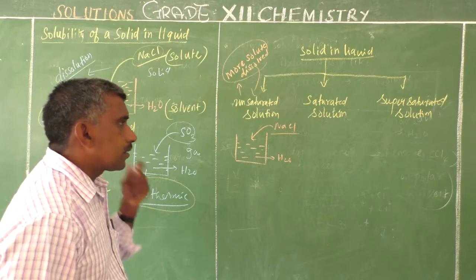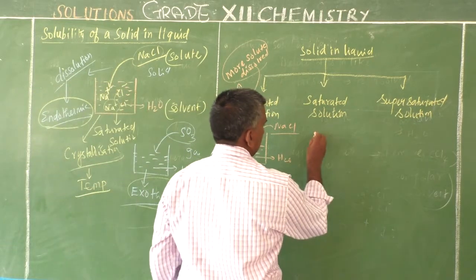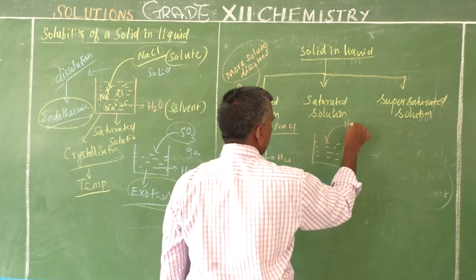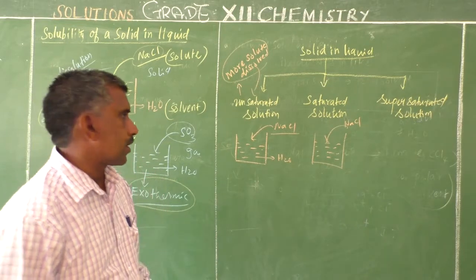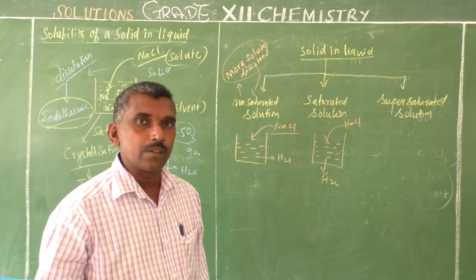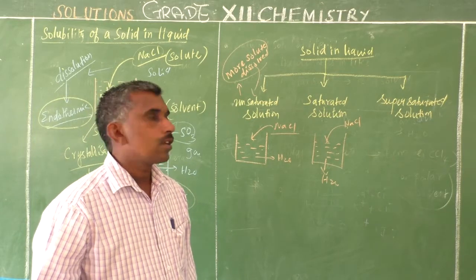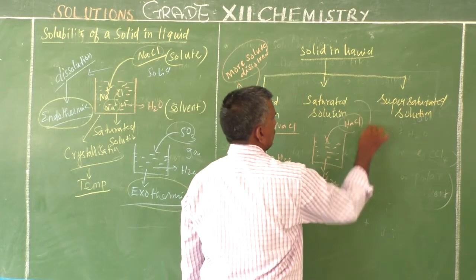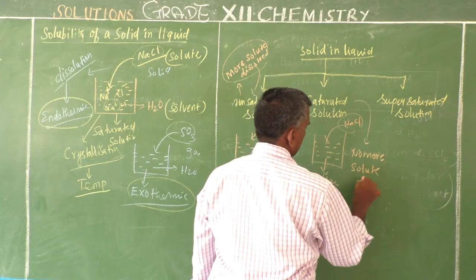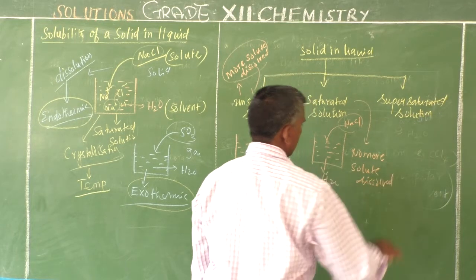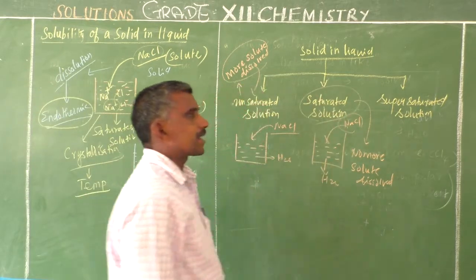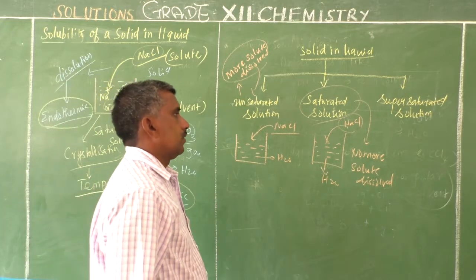Now, for a saturated solution, you add sodium chloride continuously until, at a particular condition, no more solute is dissolved. That state is known as a saturated solution.